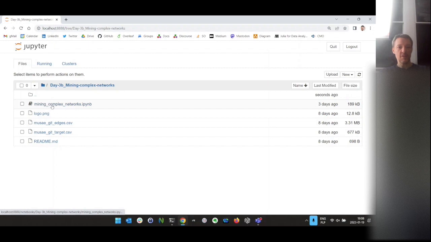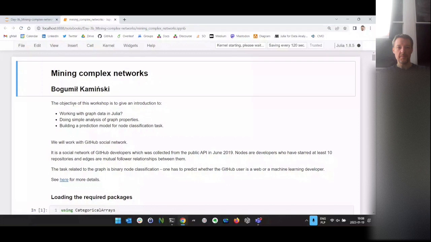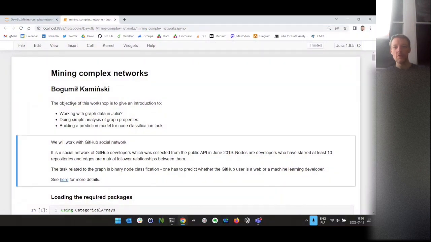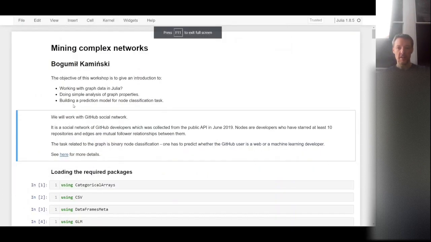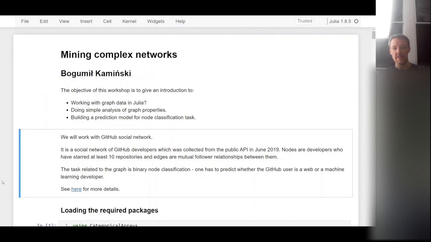So this is the mining complex networks notebook. Now I click on it to open the notebook. So what graph will we work with today in this class? We will work with the so-called GitHub social network graph, which means that this is information about developers from June 2019 that were on GitHub.